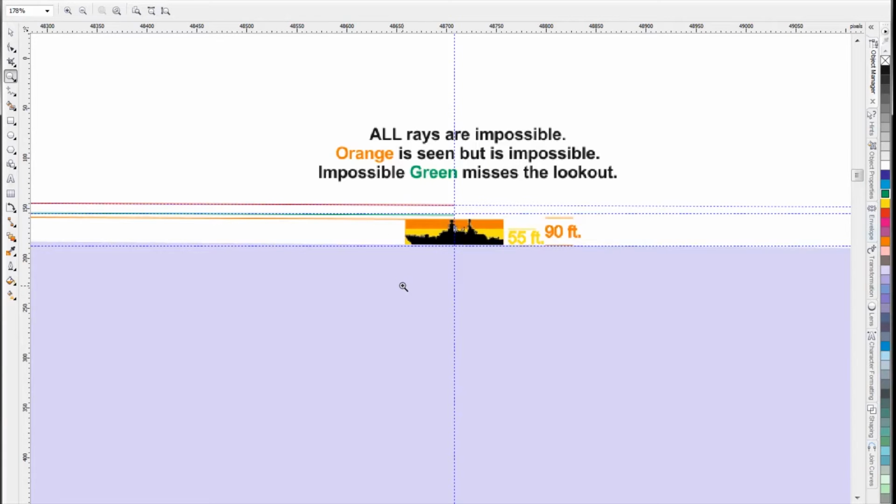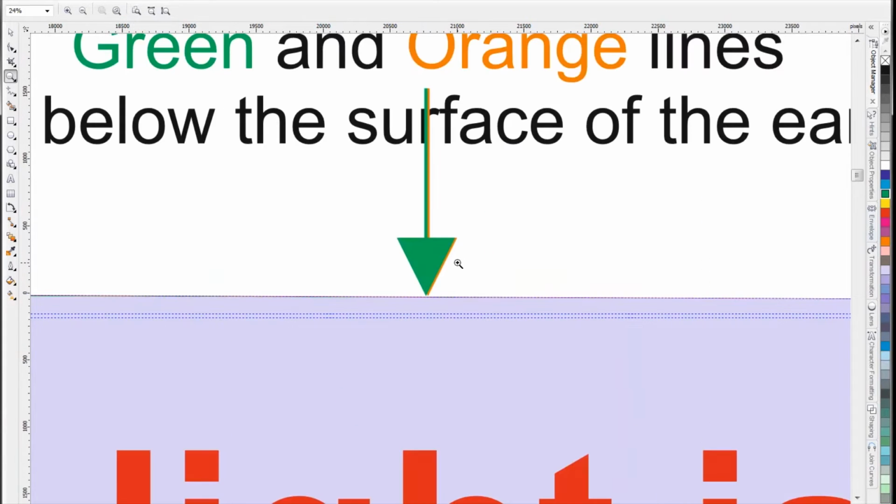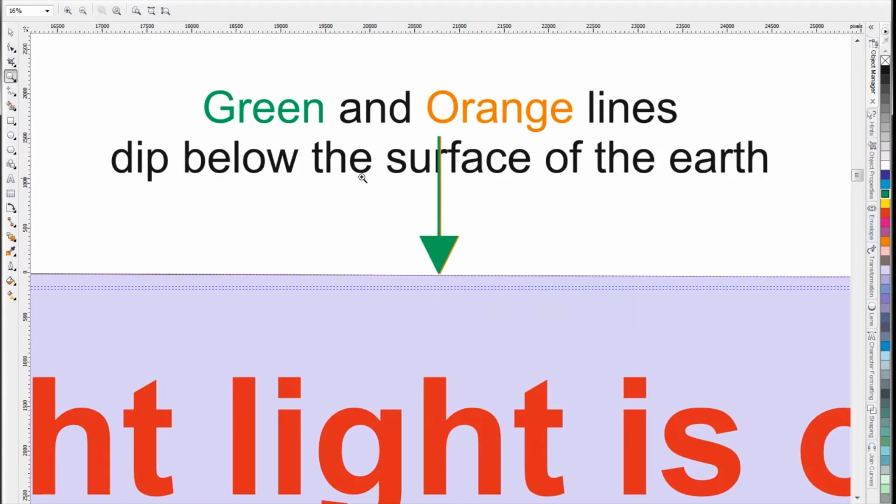There's a red, a green and an orange line. As we can see here, both the green and the orange lines dip below the surface of the Earth. So a straight light will not reach the ships.